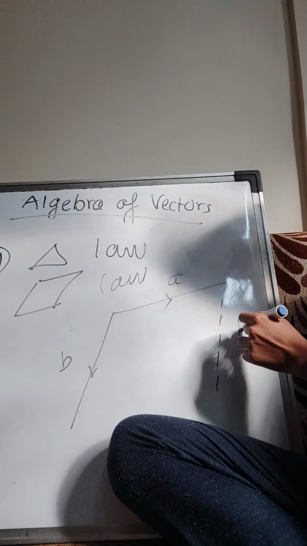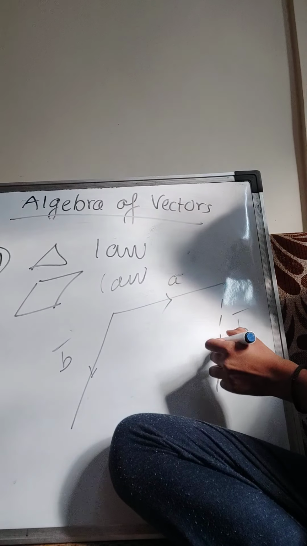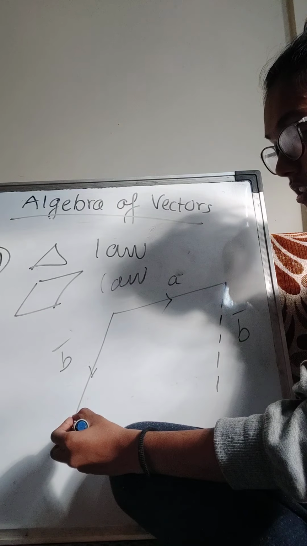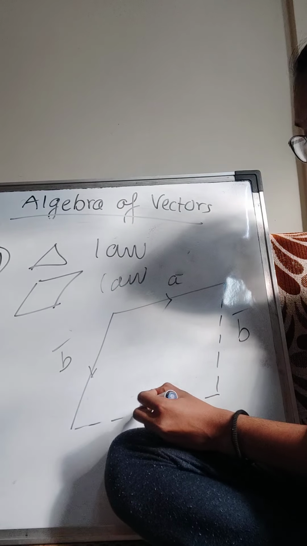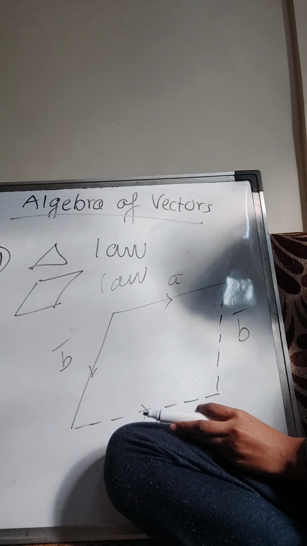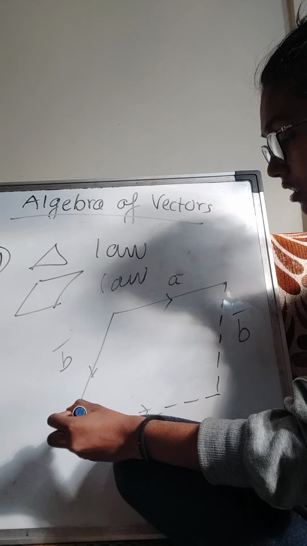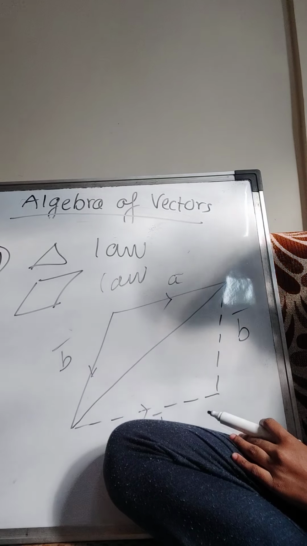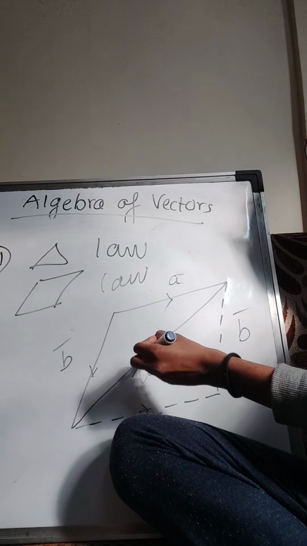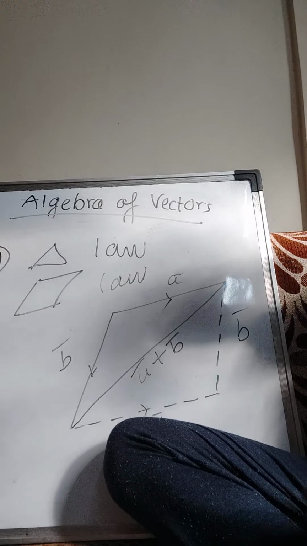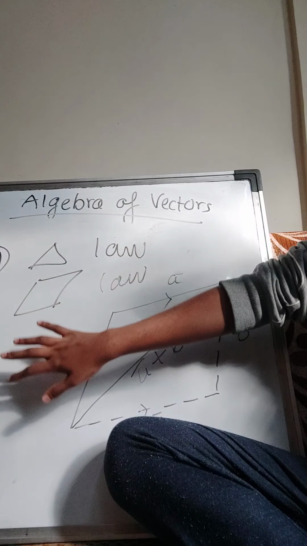So this is your B bar again. And let me do the same for A bar. Now here, the diagonal of this parallelogram is your resultant vector for A bar plus B bar. This is your parallelogram law. Now this was for addition.